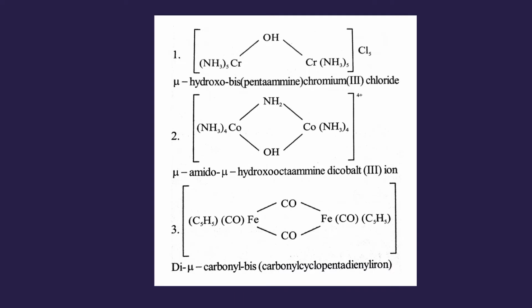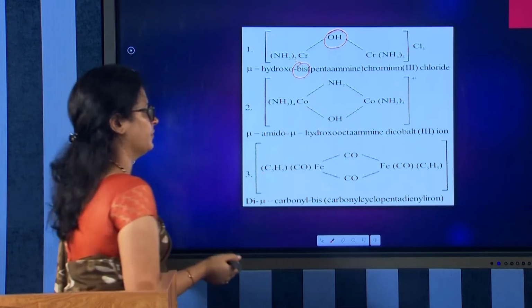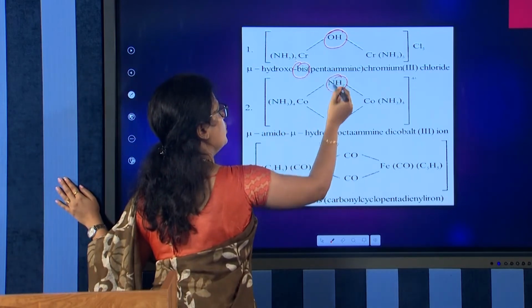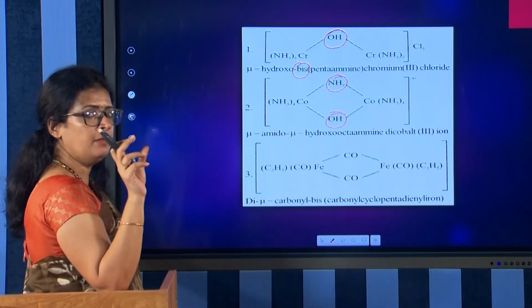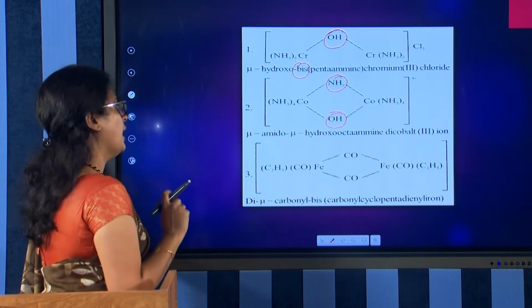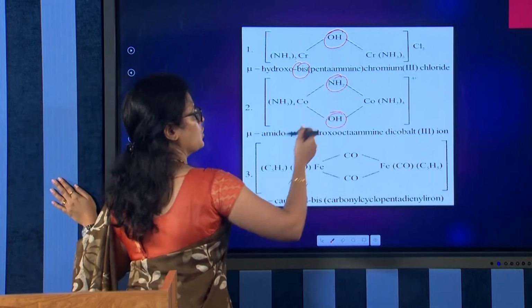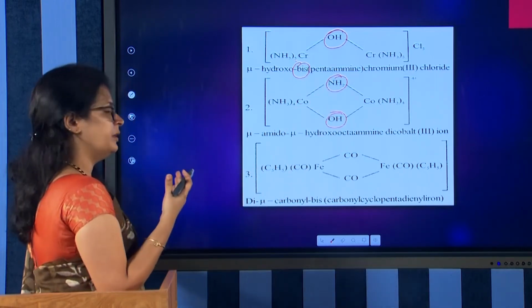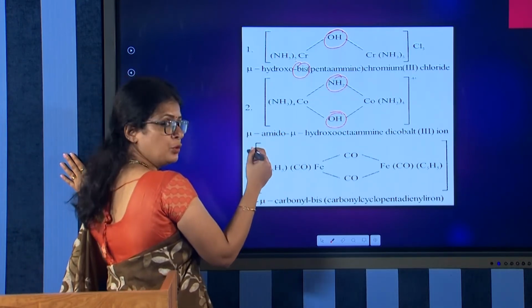And the second example, that is [(NH3)4Co(NH2)(OH)Co(NH3)4], the whole 4 plus. Here also you can see there is symmetry, but the bridging ligands are different. One is amido, NH2 minus, and one is hydroxo. So we have to name them one by one separately, and while naming them we have to follow the alphabetical order. Amido and hydroxo, according to the alphabetical order, we have to name amido first, and mu has to be added previously.